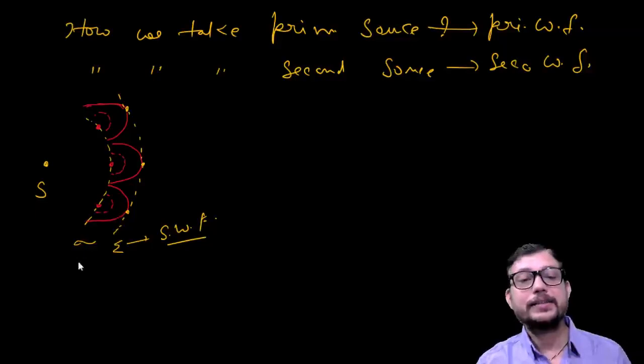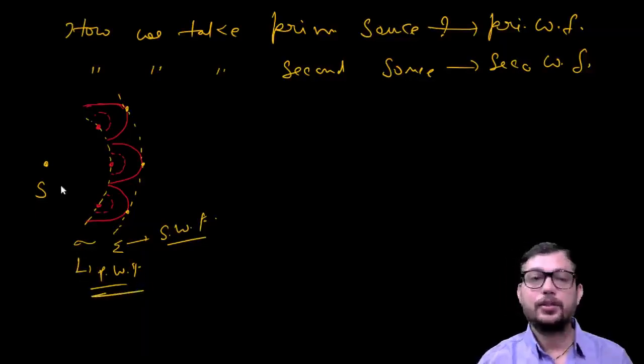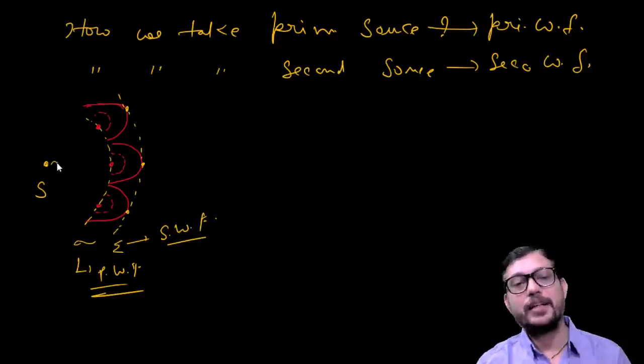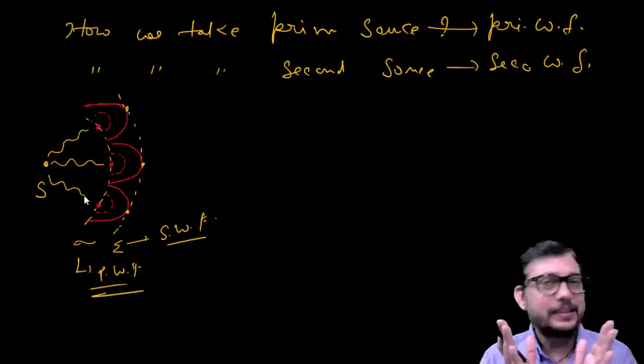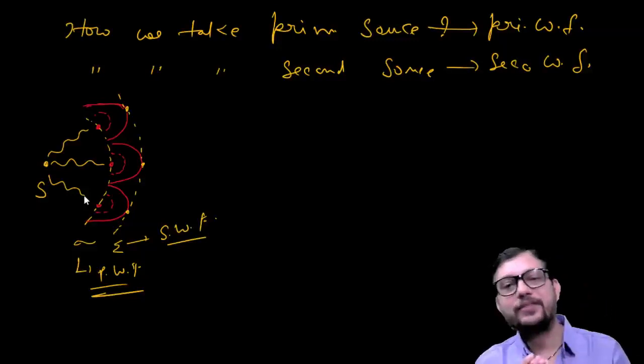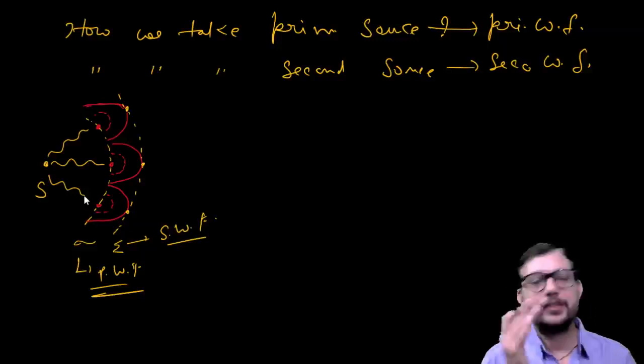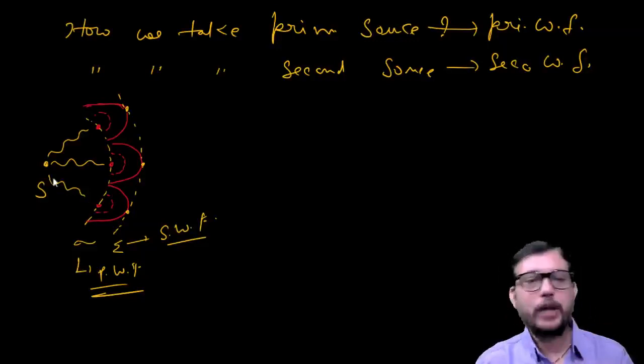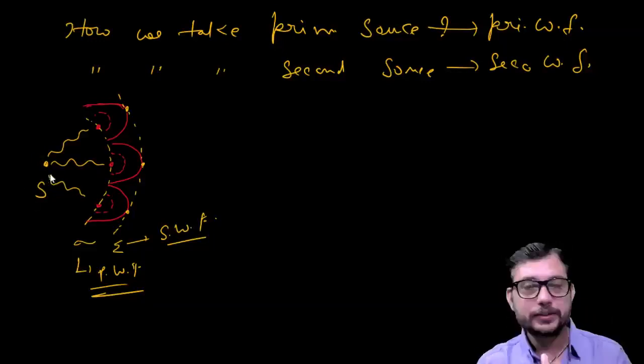Okay, this is your primary wavefront, and this is your source, and the wave is emerging out in all possible directions. So this is the basic concept to draw the primary wavefront and the secondary wavefront. It means you have to take your source.